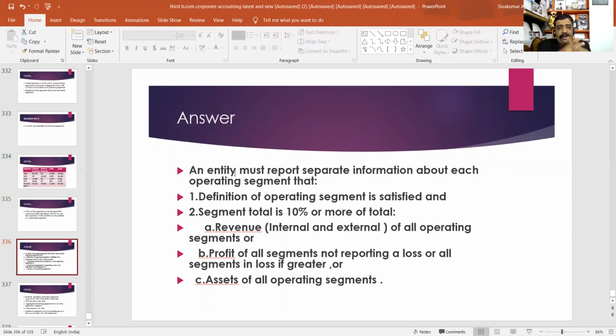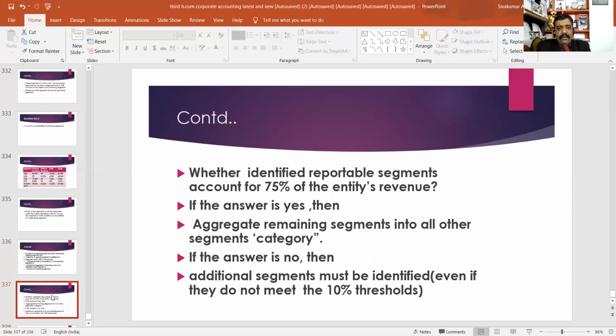An entity must report separate information about each operating segment if the definition of operating segment is satisfied, and the segment total is 10% or more of total revenue, including external and internal, of all operating segments, or the profit of all segments not reporting a loss, or all segments in loss if greater, or the assets of all operating segments. Those are the conditions with respect to a reportable segment.